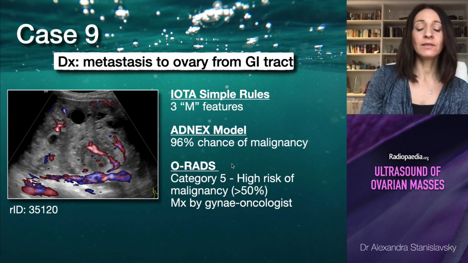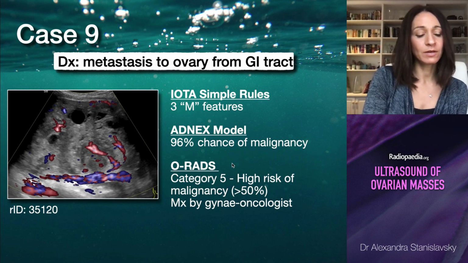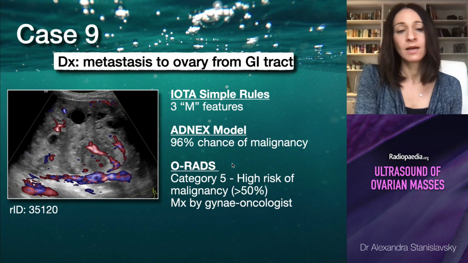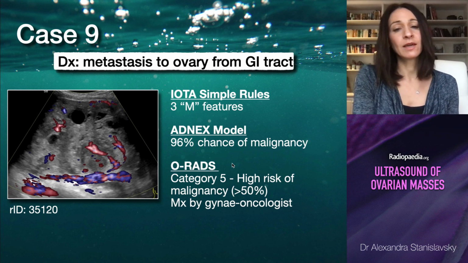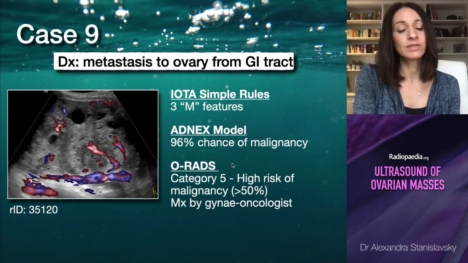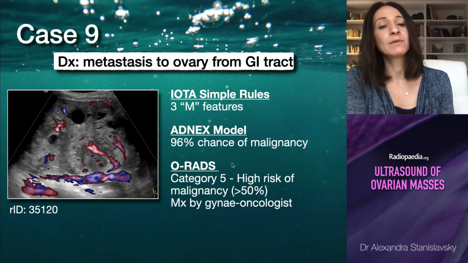So I think these cases show that we've got fairly good correlation in most cases. And I think it's somewhat reassuring that the risk stratification models are generally in agreement with what we would have thought anyway.